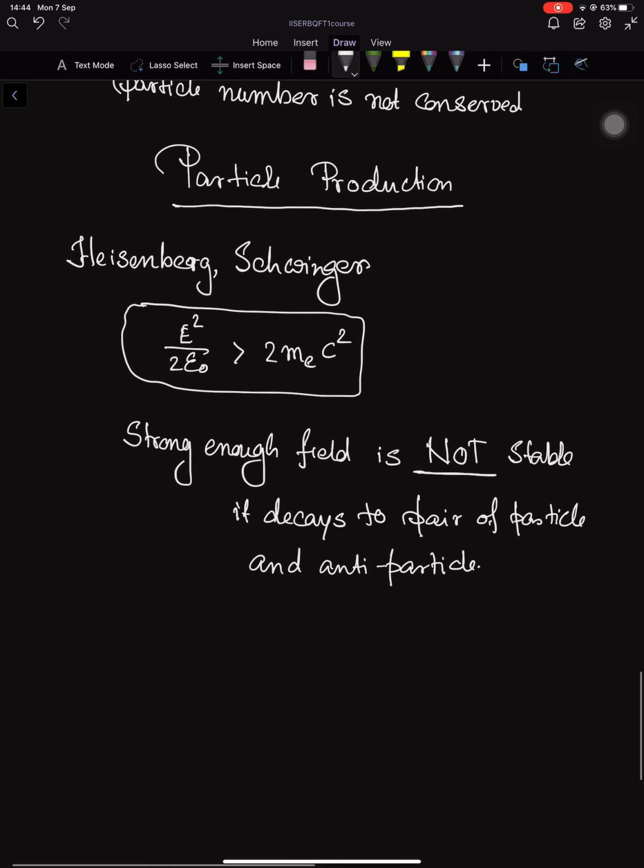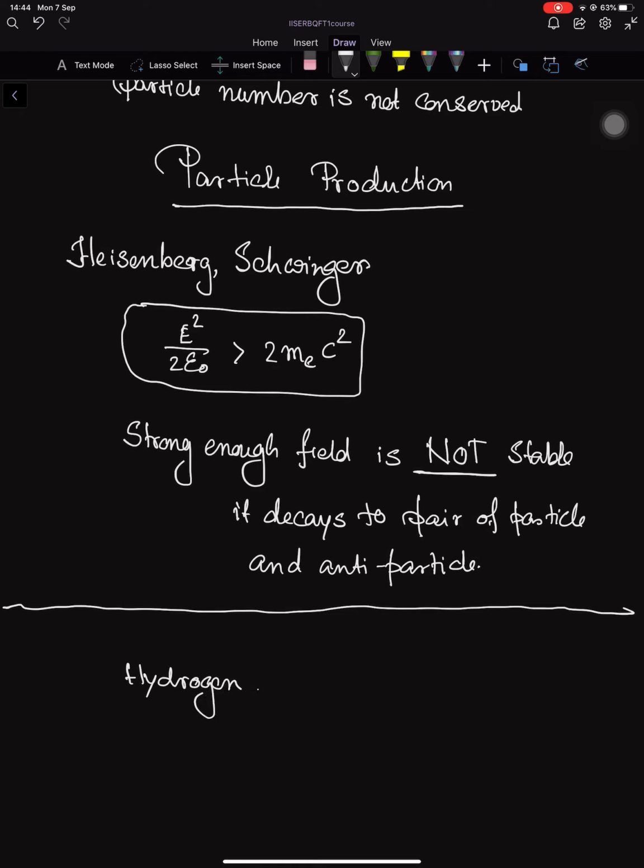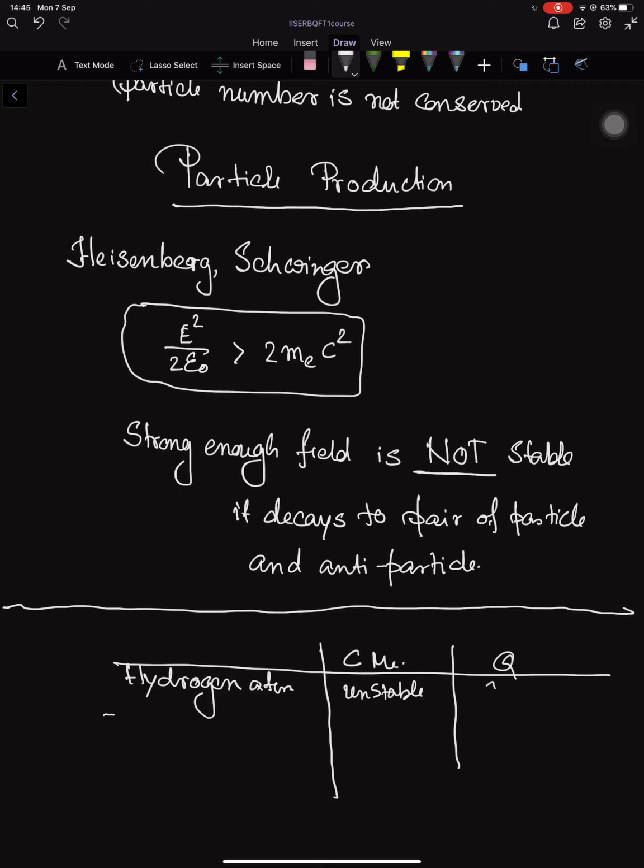So this phenomenon should be contrasted with the hydrogen atom. So this is classical mechanics and this is quantum. Here it was unstable, right? And quantum mechanics made it stable.